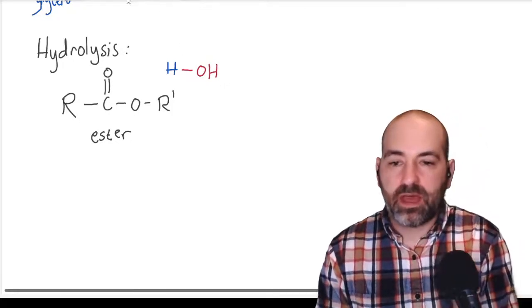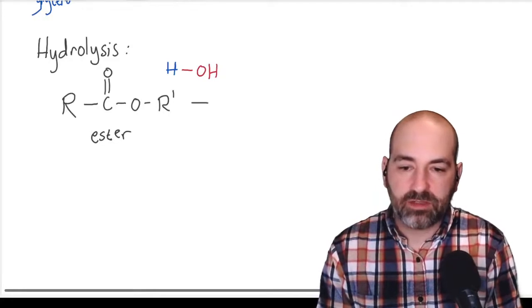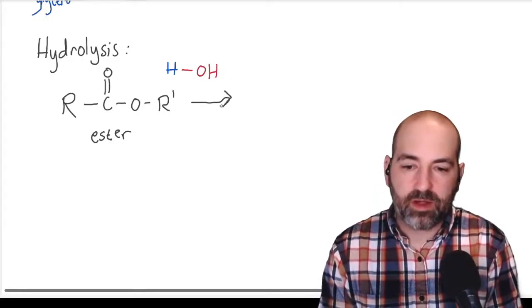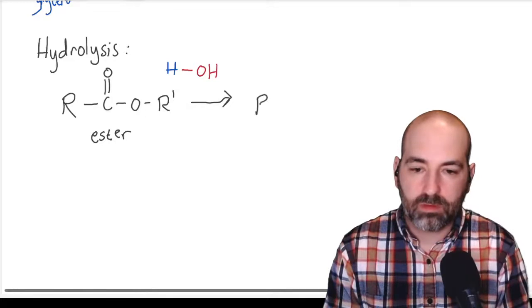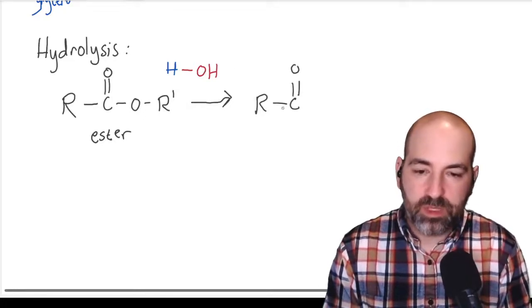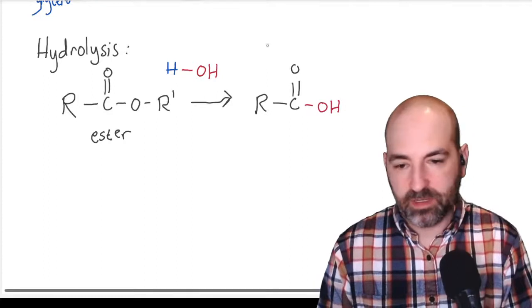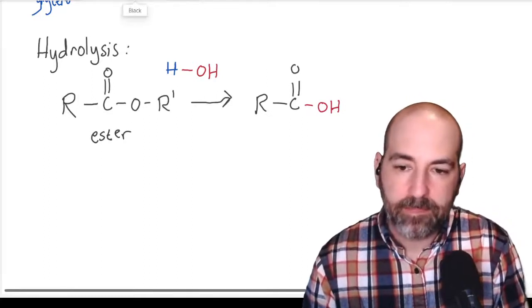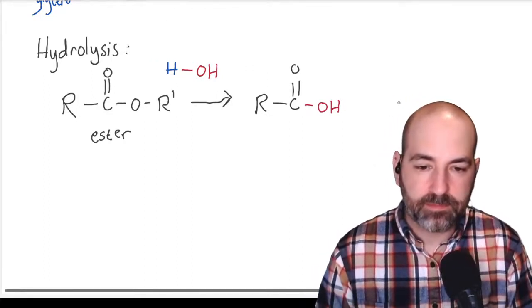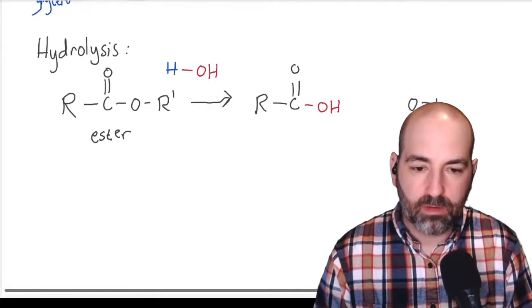The reason we're going to do that is because as this thing hydrolyzes, reacts with that water, one of those pieces, the OH, goes with the ester and forms what we call a carboxylic acid, a different type of functional group. And then the other part goes with this other chunk.